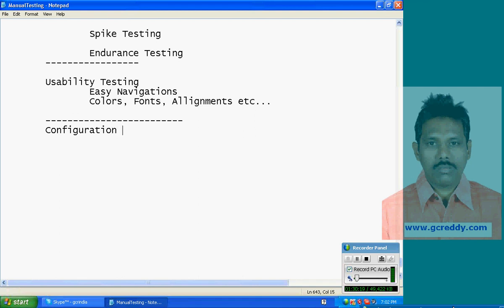Configuration testing. Recovery testing, good. Next, reliability testing.